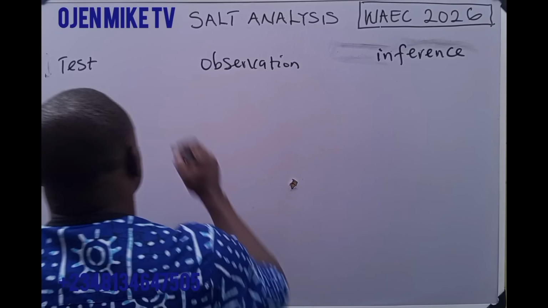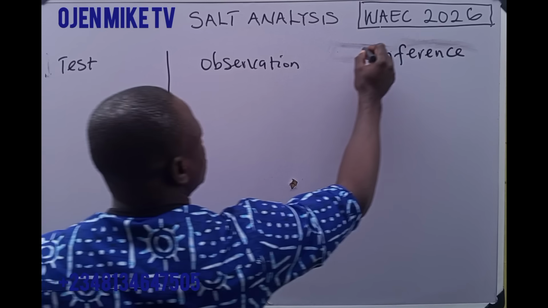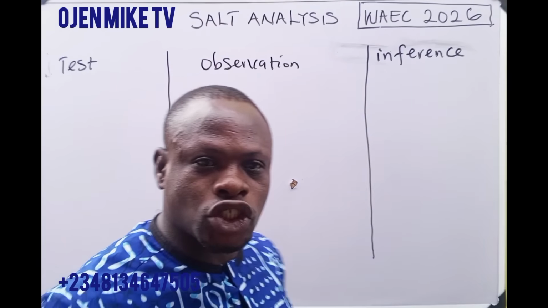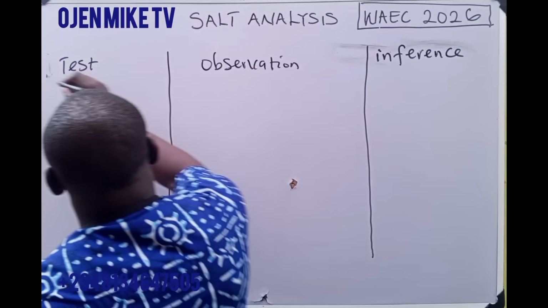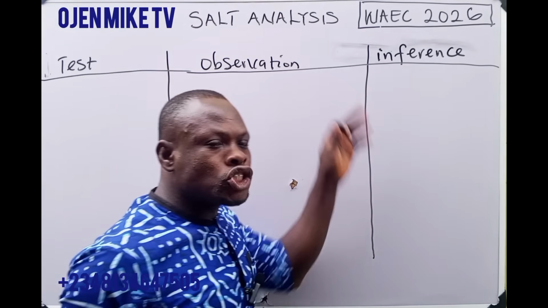So we have 3 major things here. We have test, observation, and inference.